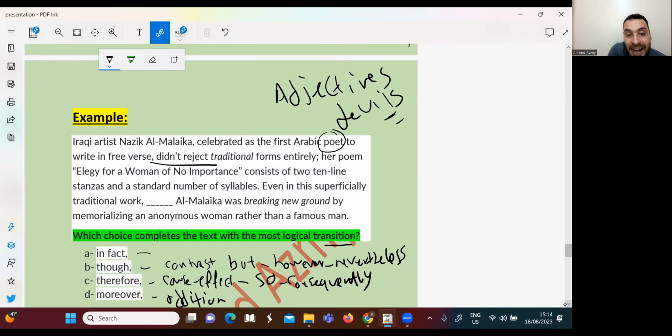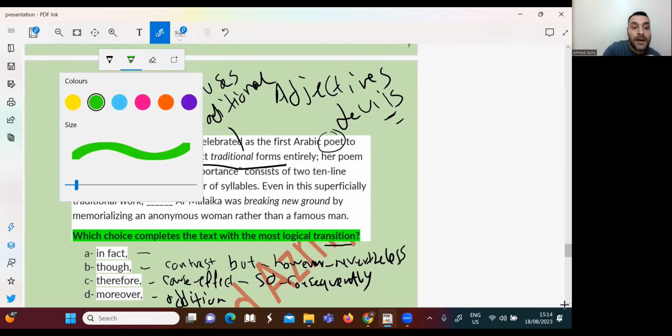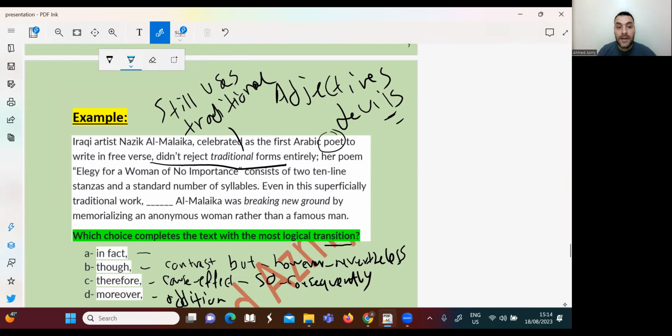Didn't can be used normally, so he still uses traditional forms. Where is the adjective here? Traditional. Bravo, that is a devil. Didn't reject traditional, which means he still uses traditional.